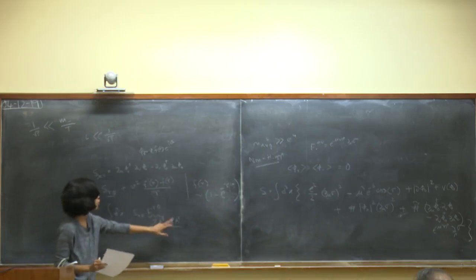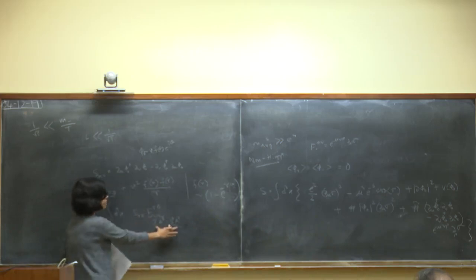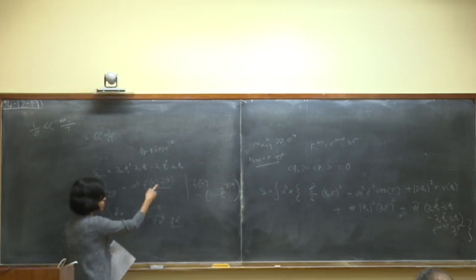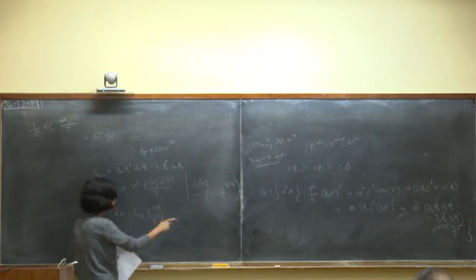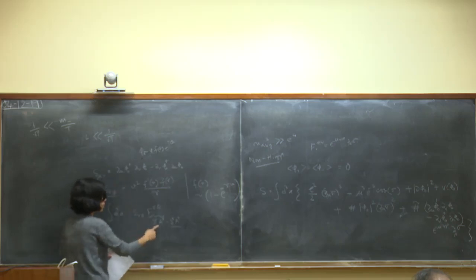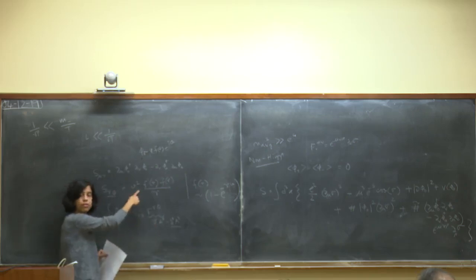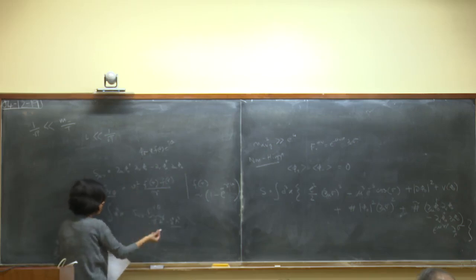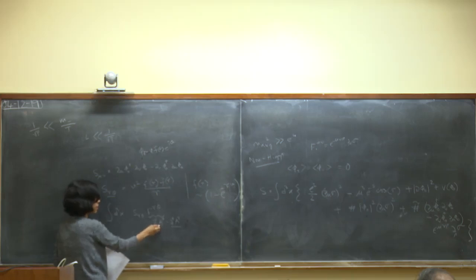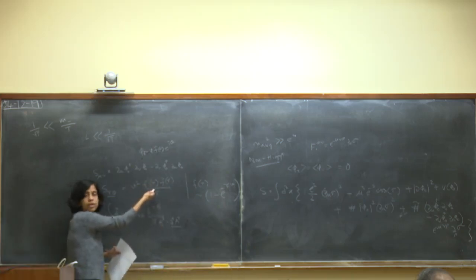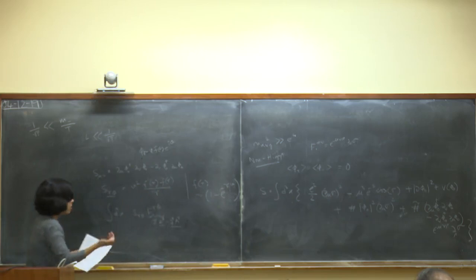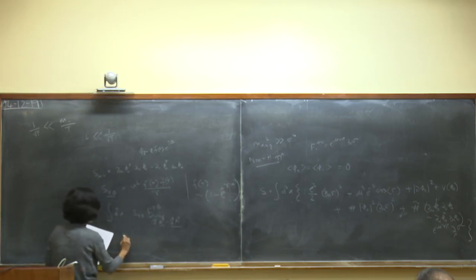So one thing you can do is take this term and integrate by parts. When you integrate by parts, this d theta hitting this term is going to just give you 0, so there is no coupling between the radial gauge field and this object. But if you integrate by parts this term, this d r will hit this and it will give you something non-zero. So as a result, you will get a coupling to a theta, and there's going to be a current corresponding to this term. And that current is given by this.